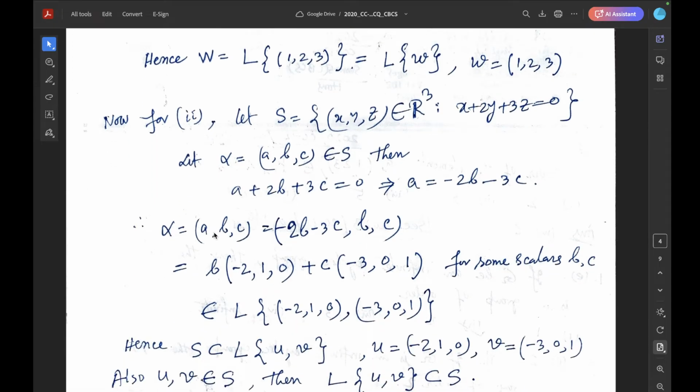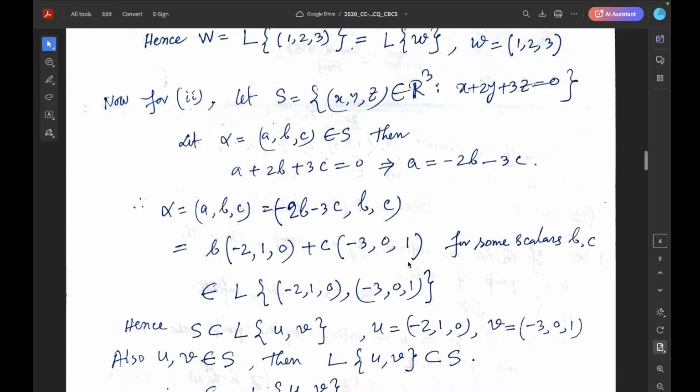Then alpha equals (minus 2b minus 3c, b, c). So alpha equals b times the triplet (minus 2, 1, 0) plus c times the vector (minus 3, 0, 1).